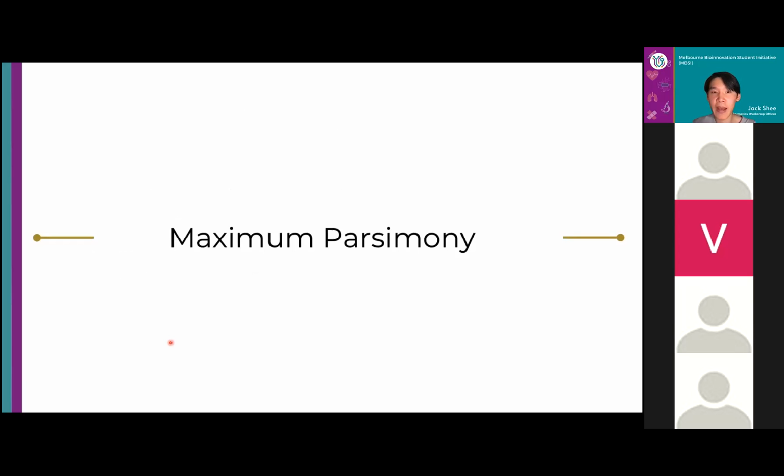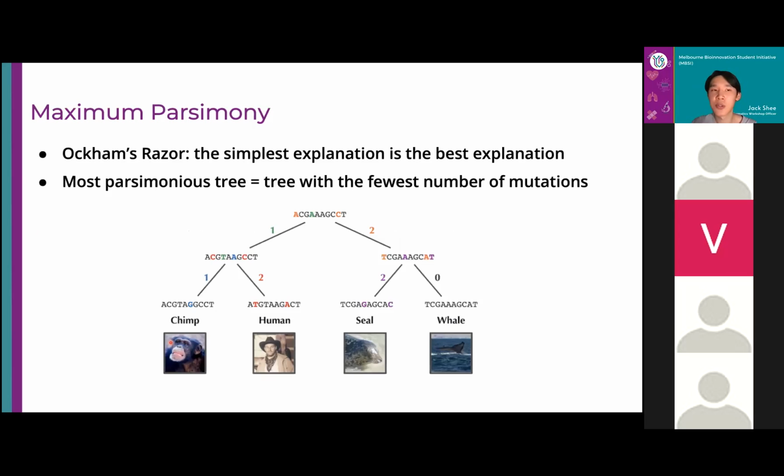Now we're going to talk about the maximum parsimony algorithm, which is a different class of tree construction algorithms, and it's related to the character-based class. The main idea here is that the simplest explanation is often the best explanation. The definition of a most parsimonious tree is a tree that explains all of the sequences with the fewest number of mutations.